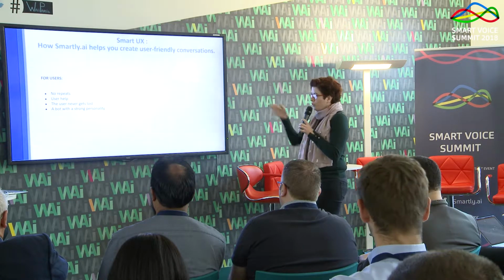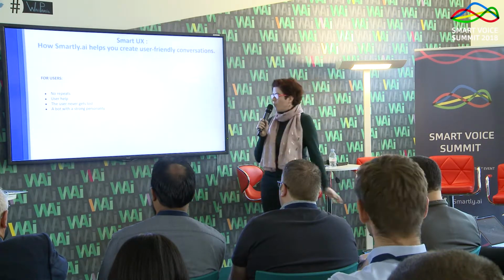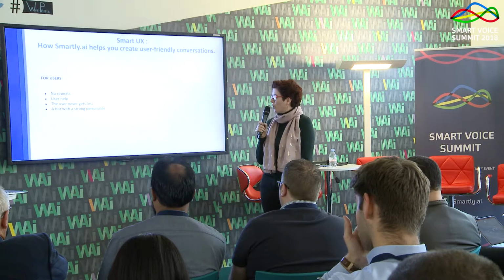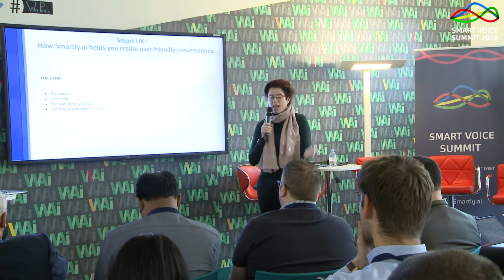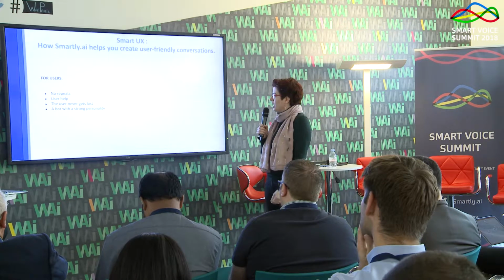And then for the user, finally, if you did everything right from the get-go, he will get no repeats of the same questions, as Smartly will have asked you to define several reprompts for each intent.